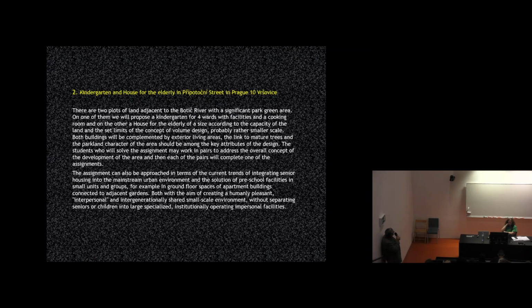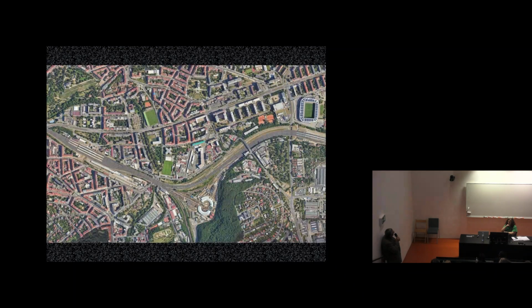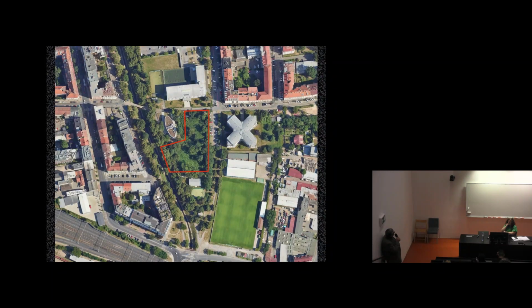The second one is speaking about a kindergarten, the house for elderly, which is in Prague, Vršovice. We are speaking about this location here, and the site is now covered by park, green.